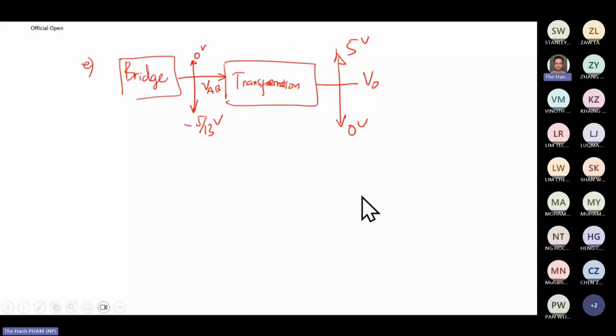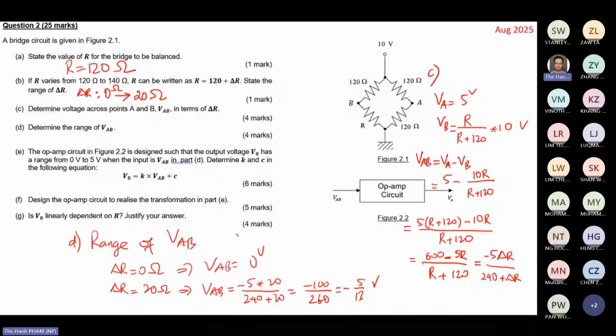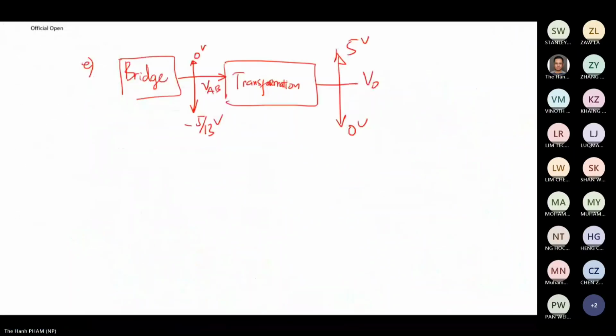Now the formula they want is here: V0 is K times VAB plus C. So now you'll see what they want.